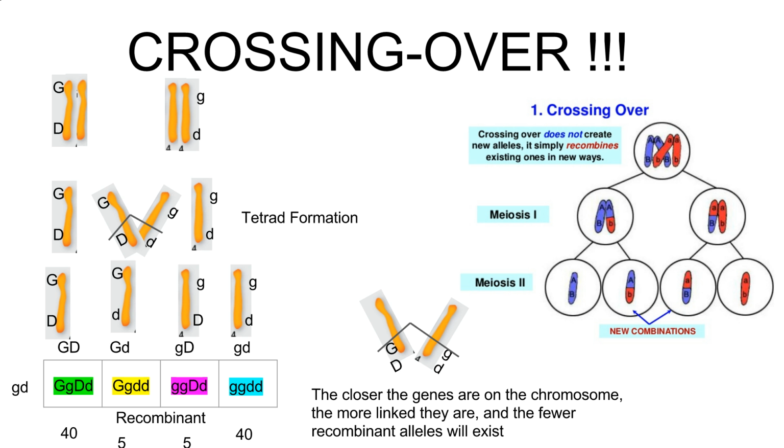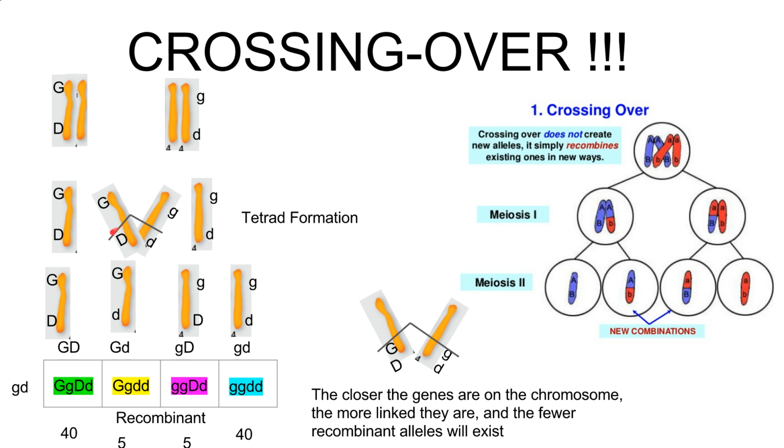One last thing to think about here, if those linked traits are very close to one another, you are going to get fewer recombinants because as they cross over, if they're very close together here, if they're both on this bottom part, when this swaps with that, it still stays little g, little d, and this one would still stay big G, big D because they're swapping together.